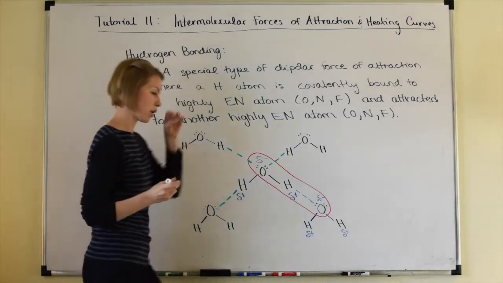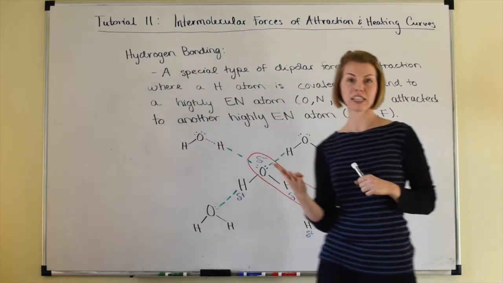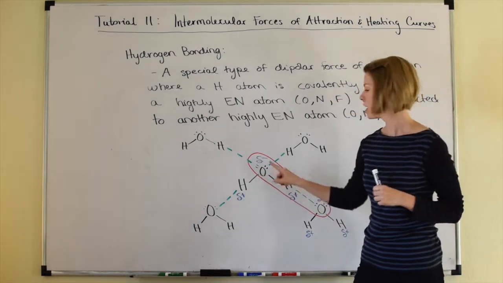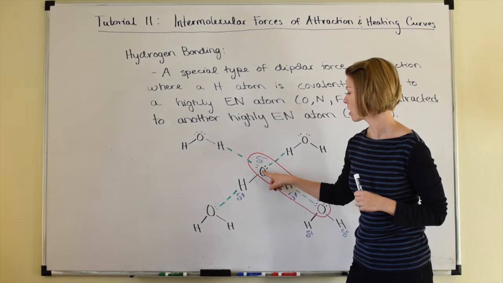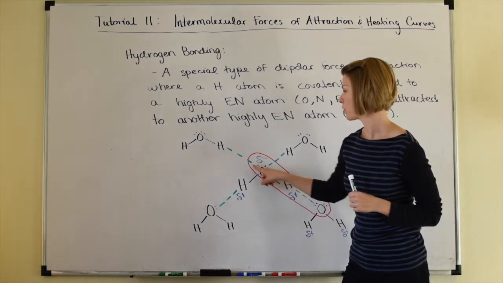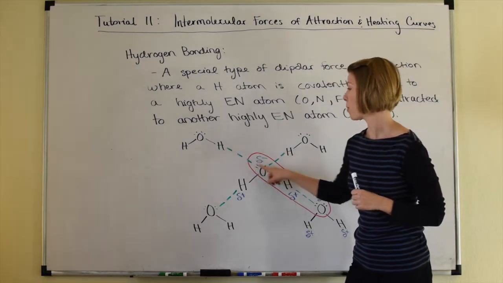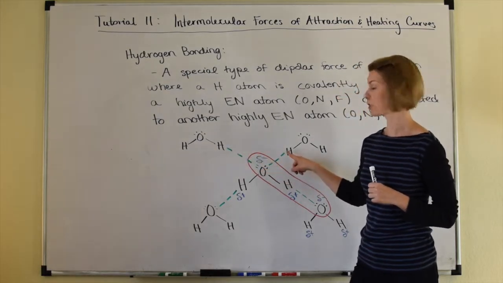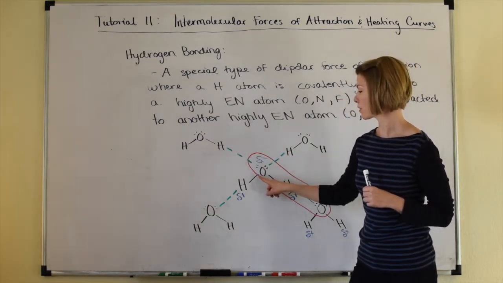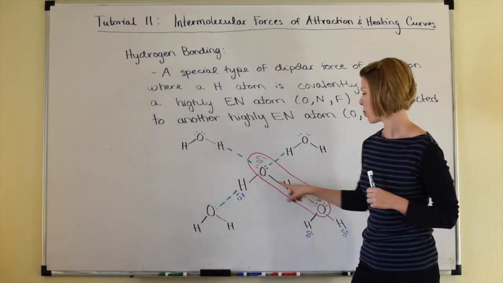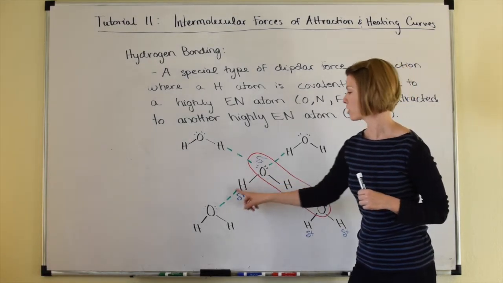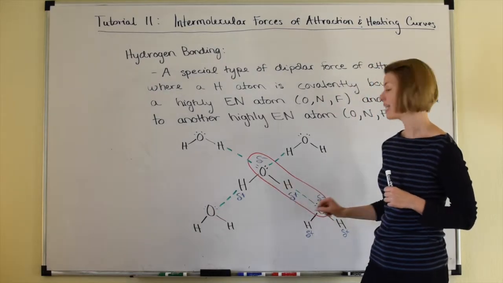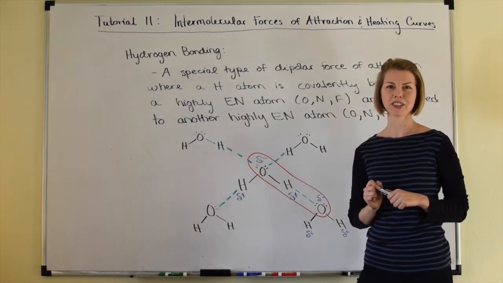Okay, so 4 potential sites for hydrogen bonding within just one little water molecule. 2 opportunities on the oxygen atom to attract the partial positive hydrogen of 2 different water molecules, and 2 opportunities for the partial positive hydrogens to be attracting the partial negative oxygens of 2 other water molecules.